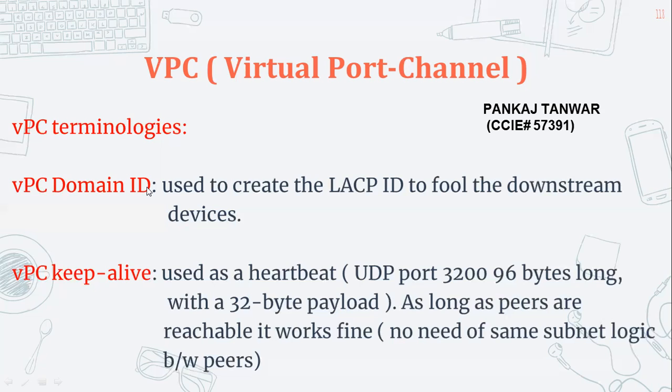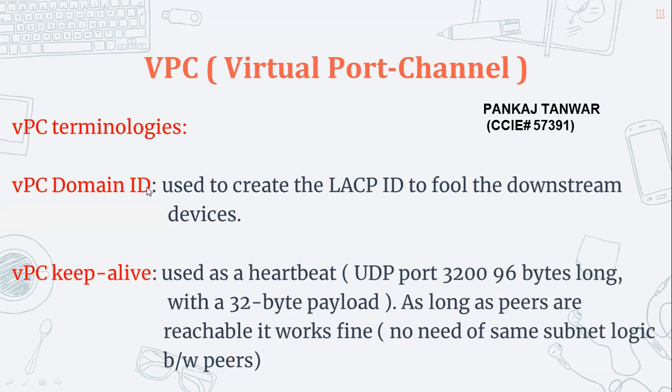If you go to the downstream switch with which the VPC peer devices are forming the VPC and do a show LACP neighbor, you are going to see this particular LACP ID. This LACP ID is derived from the domain ID. We'll see in the practicals how exactly it inherits the domain ID into the LACP.